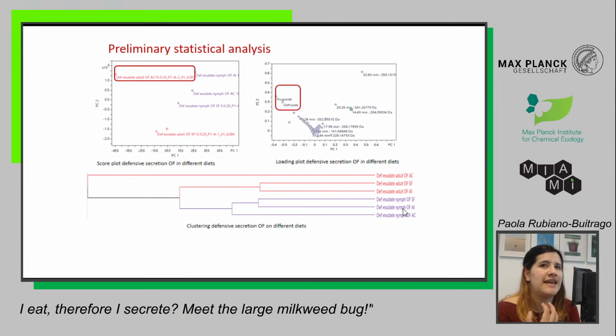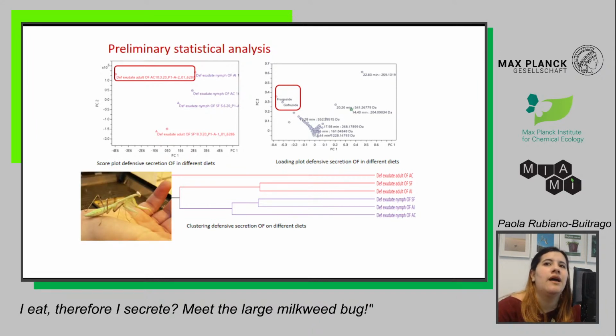But to understand this beyond the chemical point of view, my colleague is trying to see, okay, but what does this mean? What this means is how a predator can learn and react if it encounters a bug that was in a patch full of incarnata versus a bug that was in a patch full of curassavica.